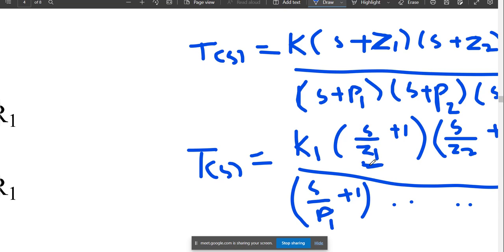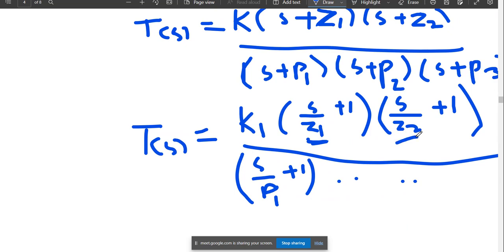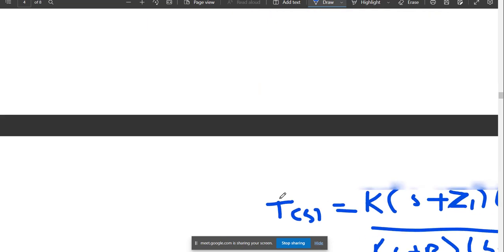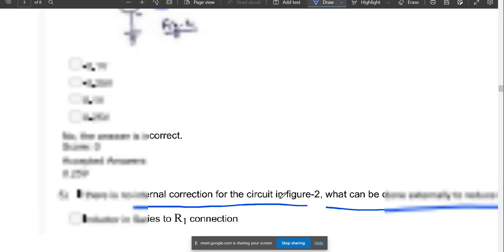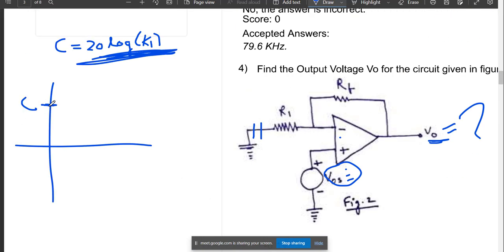Let's say Z1 is 10, Z2 is 100, P1 is 1000. So how will the Bode plot change? Bode plot will be something like this. Z1 is 10, so till 10 it will be constant.